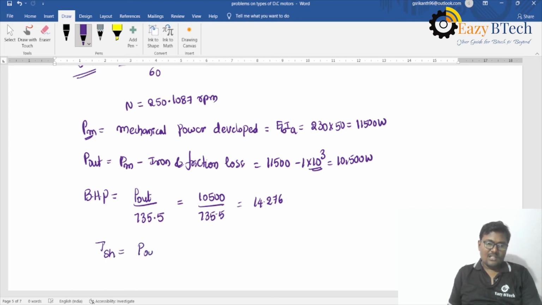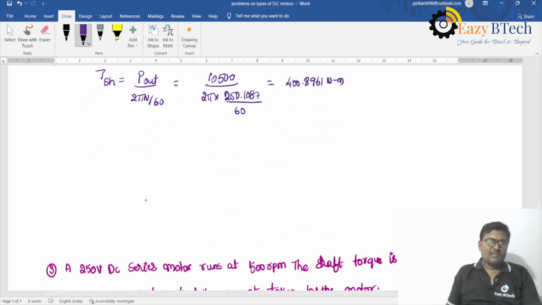Then the shaft torque is power output divided by 2 pi N by 60, 10,500 divided by 2 pi into 250.1087 divided by 60, then 400.8961 Newton meter.